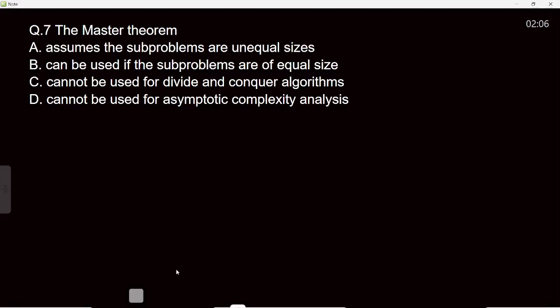So the master theorem, now this question is from algorithms. The master theorem assumes the subproblems are of unequal sizes; can be used if the subproblems are of equal size; cannot be used for divide and conquer algorithms; cannot be used for asymptotic complexity analysis.